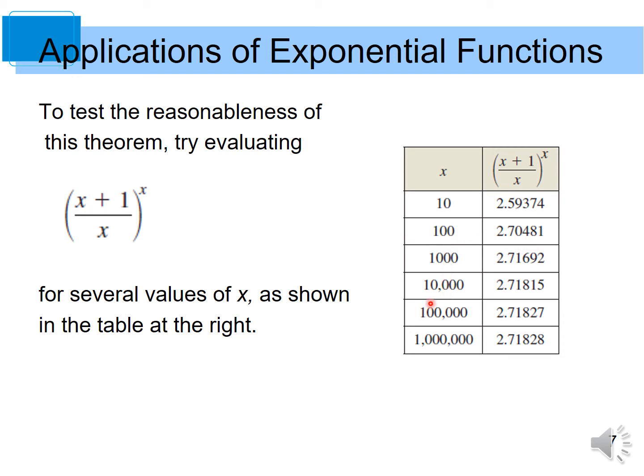And look at 10,000. When x is 10,000, the output is 2.71815. And look at 100,000, the value is 2.71827. And look at 1 million, 2.71828. And the value here actually is e, the exponent.